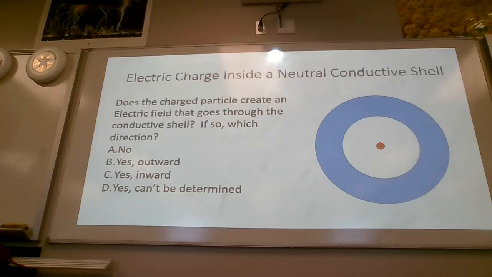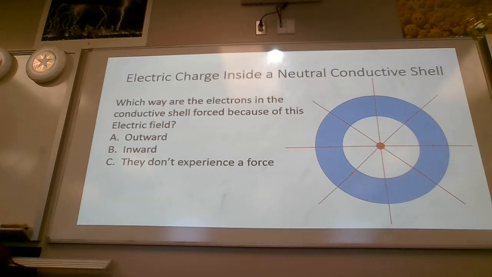Okay, well, all you with photographic memories, the answer to the question is why. Correct answer is B. It does create an electric field that goes through space, as if it was the only thing there.